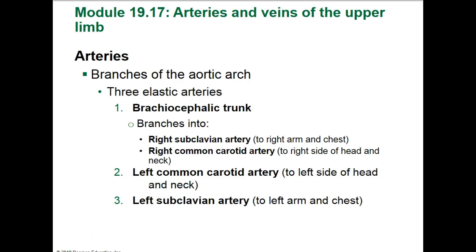Looking closer at the arteries. The branches of the aortic arch: we have 3 elastic arteries that come out of it: the brachiocephalic trunk, the left common carotid artery, and the left subclavian artery. The brachiocephalic trunk branches into the right subclavian artery that goes to the right arm and chest, and the right common carotid artery.